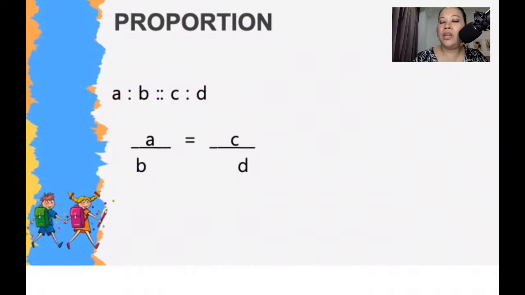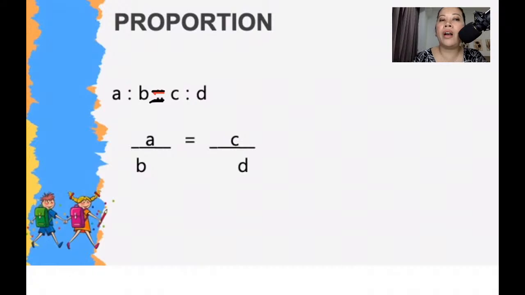It can be shown as A is to B equals C is to D, sorry, there should be an equal sign, not a colon. That means the two ratios are equal. So again, A is to B equals C is to D. That is one way of showing proportion.